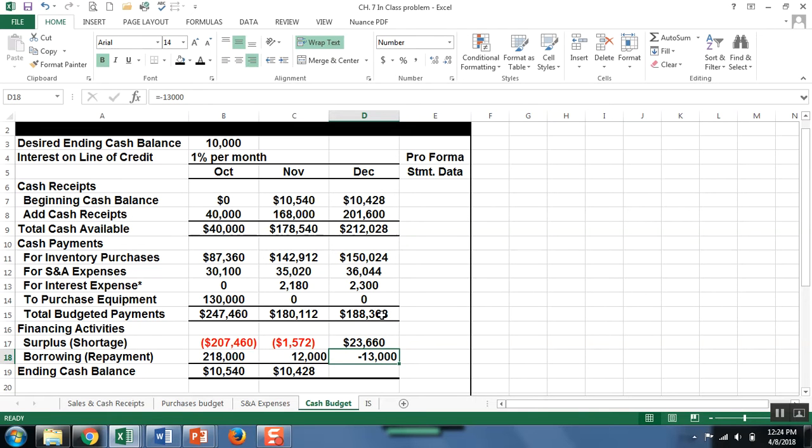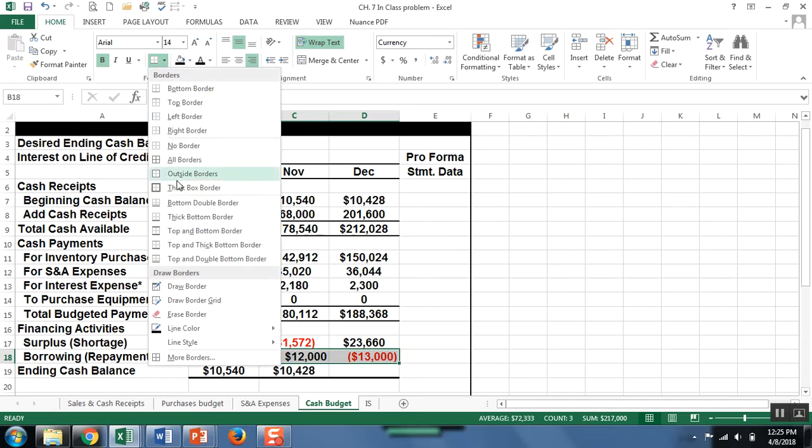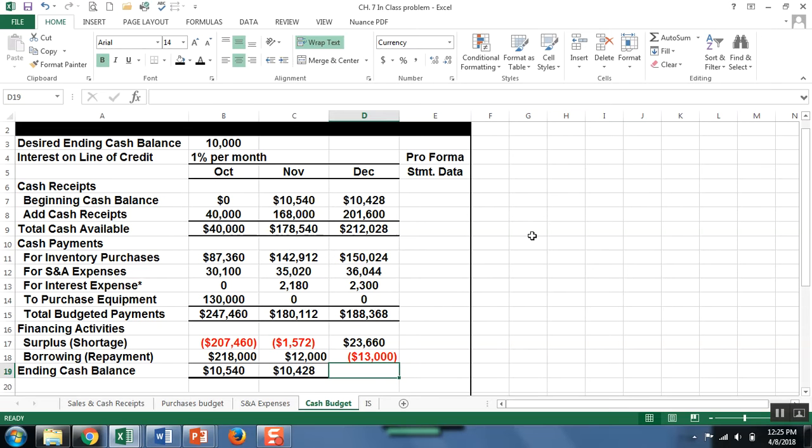So we're going to pay back $13,000. Sorry about this. I'm just cleaning up the formatting a little bit. And so that means our ending cash is going to be $10,660. All right. So now we have our cash budget.